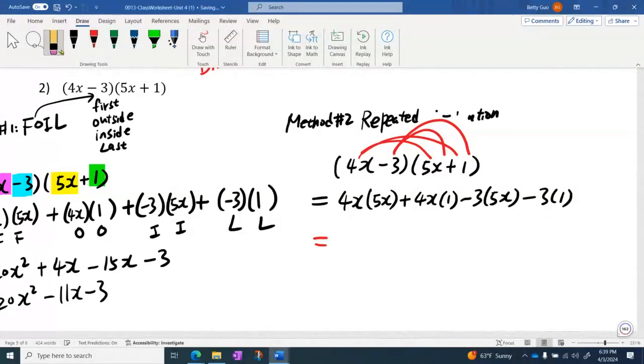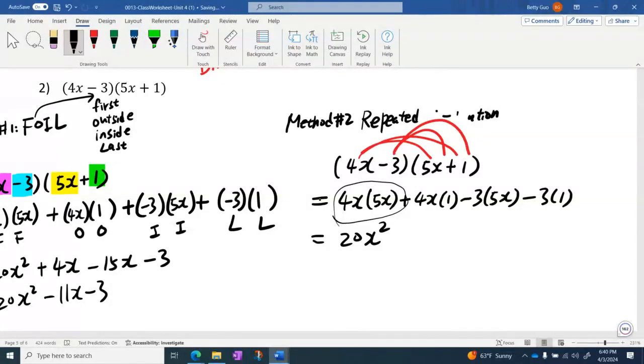We have 4 terms in the expansion. Let's simplify each term. 4x times 5x is 20x squared. At this point, you should know how to multiply 2 monomials. Why do we have x squared instead of 9x? We do not have 9x because we are not adding 4x and 5x.